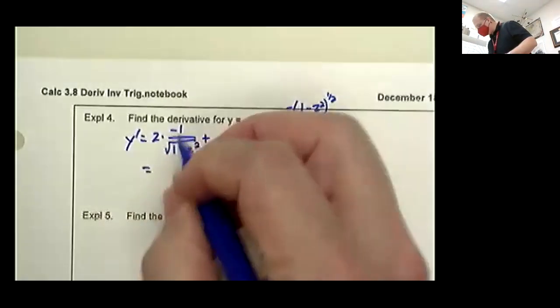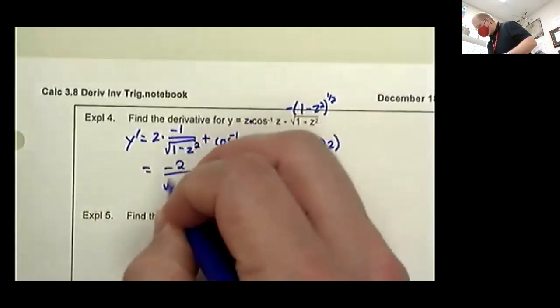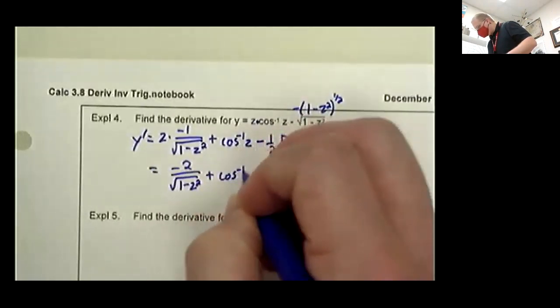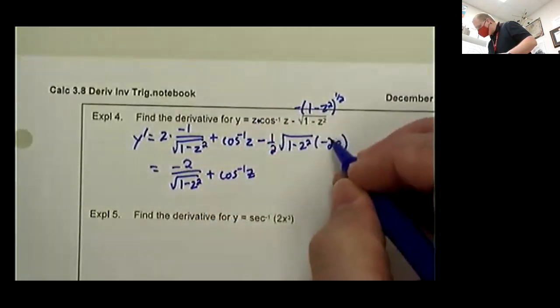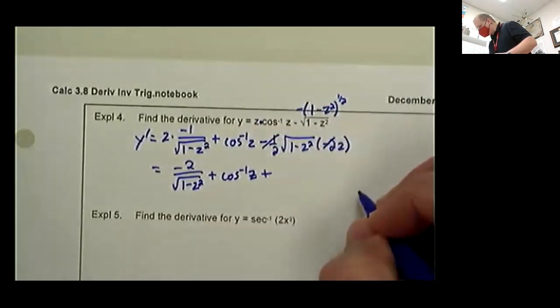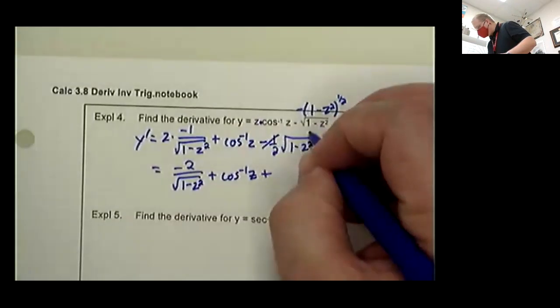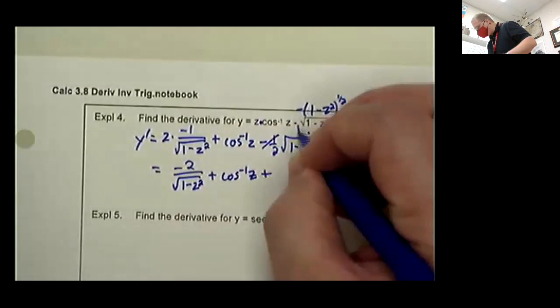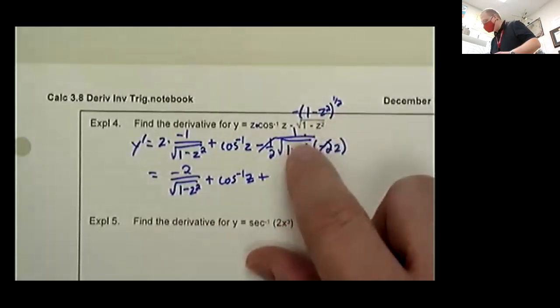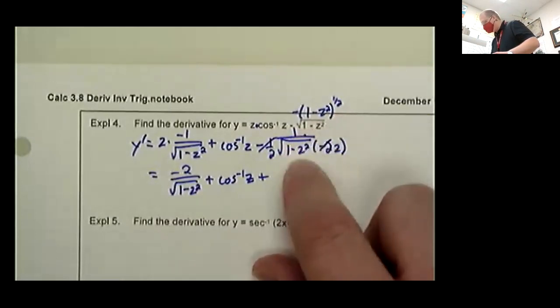Here we get -2 over square root 1 minus z squared plus cosine inverse of z. Here the -2's and the negatives cancel, leaving us a plus. That was a -1/2, so I should put that as a -1/2. That's a 1 over. I missed that part. When we subtracted the 1 from 1/2, that should have been a -1/2, making that a denominator.